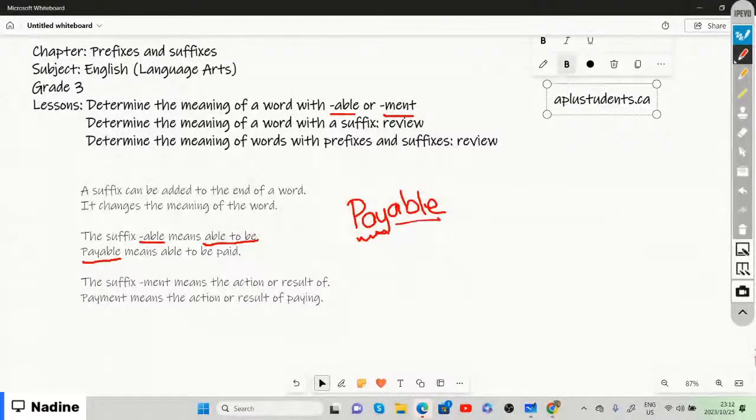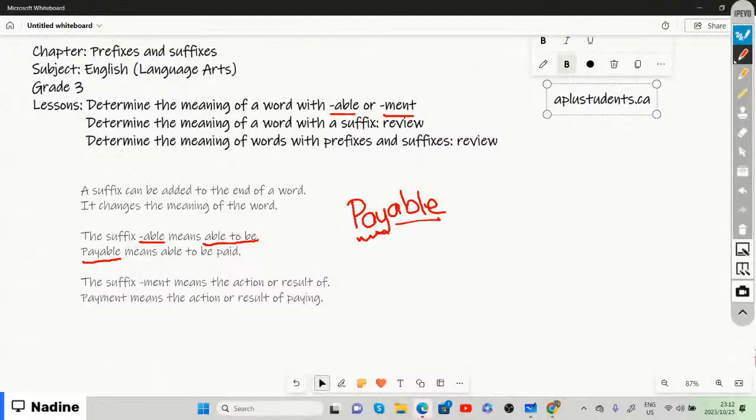Meaning that if something is payable, then you need to be able to pay for the goods that maybe you took on credit, because you specifically said you may be going to pay at month end. So they'll tell you it is payable by the end of the month, for example.